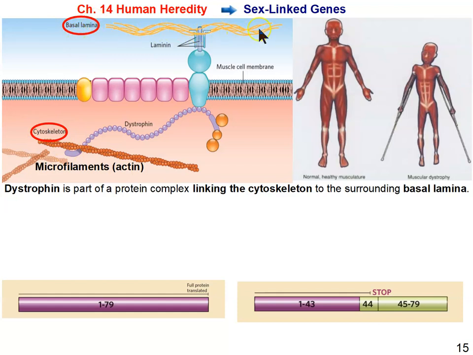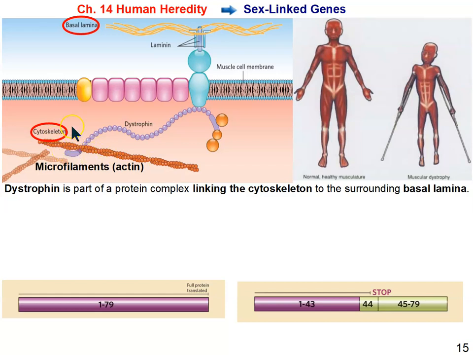The basal lamina is extracellular matrix of collagen fibers and other proteins. And you'll notice that there's a link here between the two, the cytoskeleton being made up of microfilaments. Those are the ones that would be closest to the plasma membrane. That's where the microfilaments of the cytoskeleton hang out. If you'll recall, the other part of the cytoskeleton are microtubules, but these are microfilaments in this diagram.